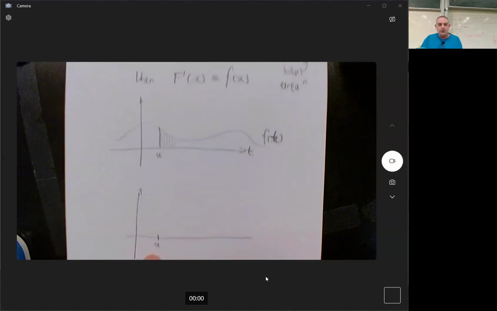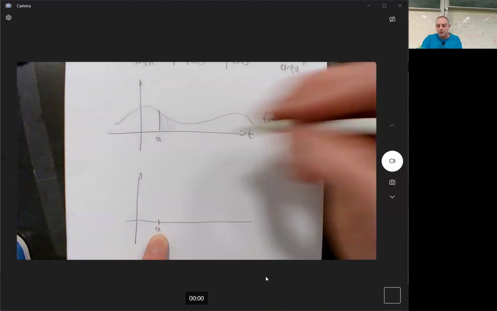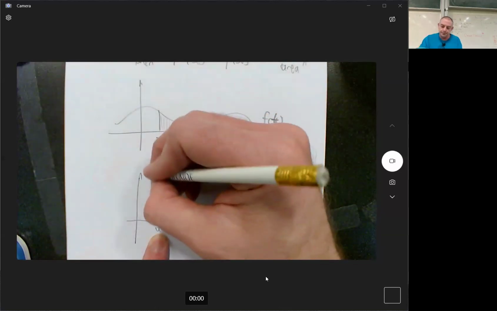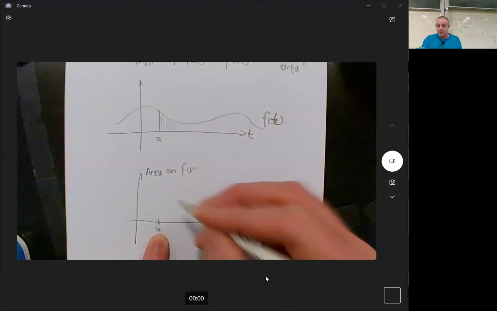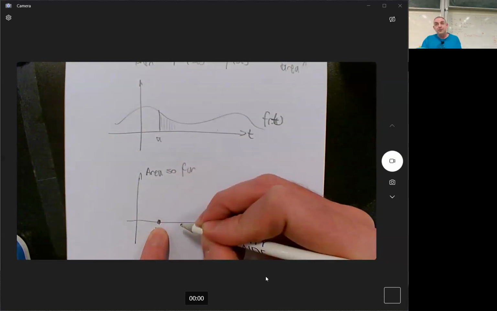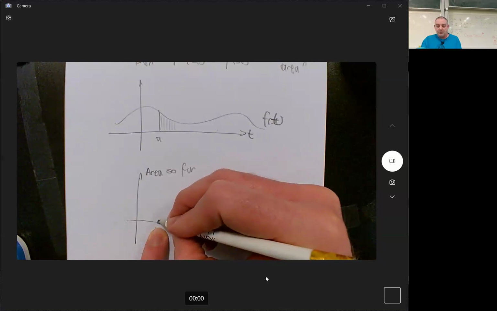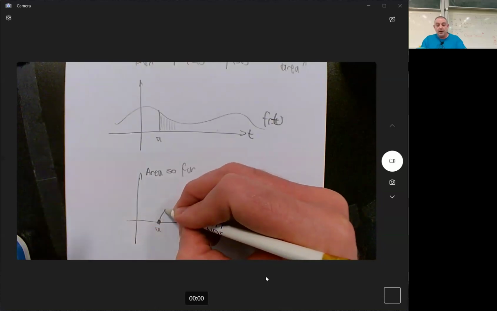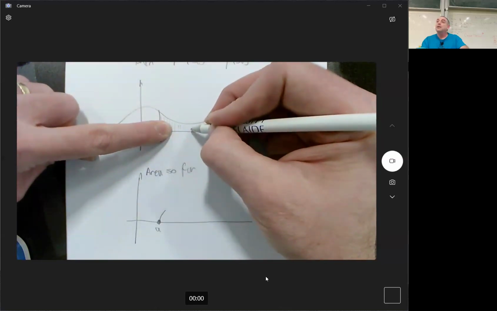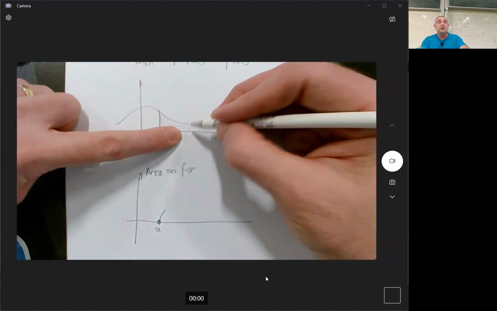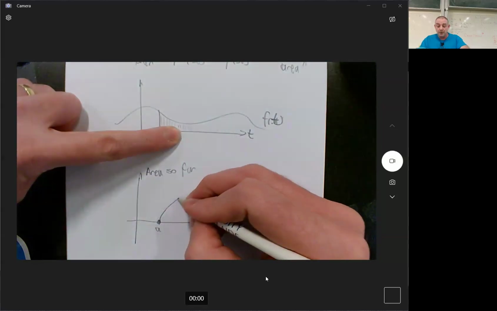Then you can start making a new graph, which is the area so far. When I'm starting at A, the area so far is 0, and then the area is getting bigger, but not as fast here because the function's lower down. The amount of area you're adding is less here because it's lower. And so it goes like this.